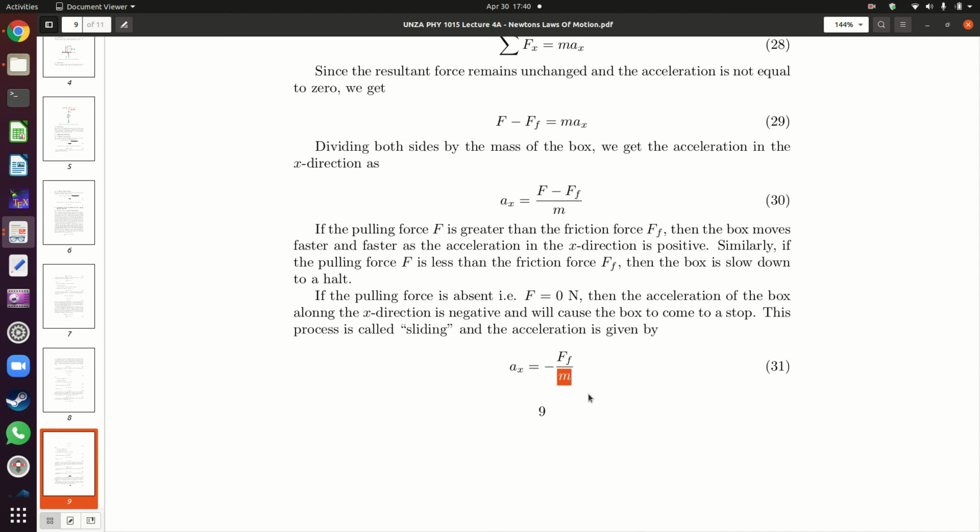Then once you have acceleration, you can predict everything else you need to know about this particular box movement. Are we clear? Are we clear on this?